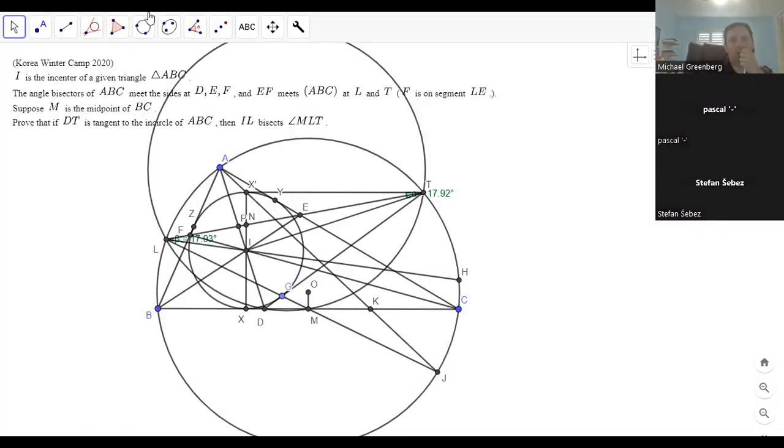We want to show that ILT. Yes, if we can show that, that would solve it. Well, not really, we would need to show TX prime is also parallel. So that wouldn't solve it totally.